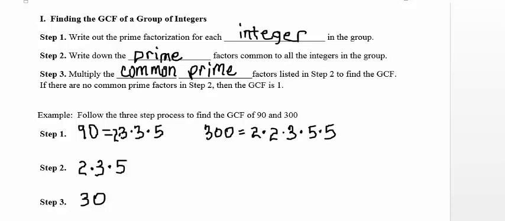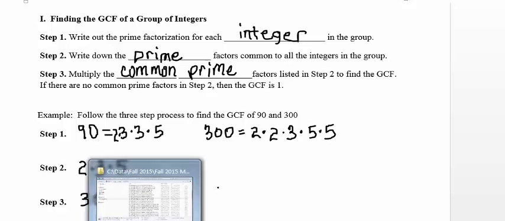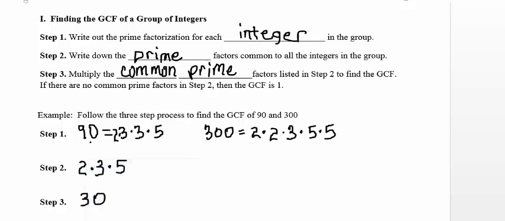Alright, so this is a pretty easy one because you can probably look at 90 and 300 and see that 30 is the largest number that divides into 90 as well as 300. If these were numbers that you couldn't see so easily, what we are showing here is the process you would use to find the GCF.